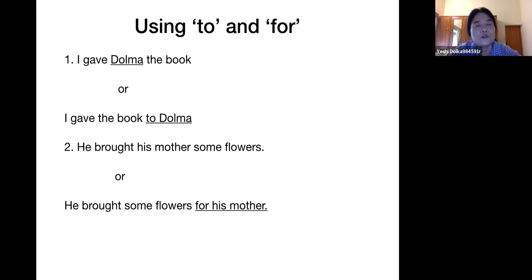You put to in front of the indirect object. Look at the sentence, it's different. I gave Dolma the book. I gave the book to Dolma. Both sentences have the same meaning, all right? But the sentence structure is different.